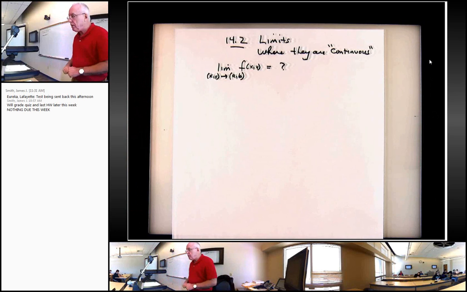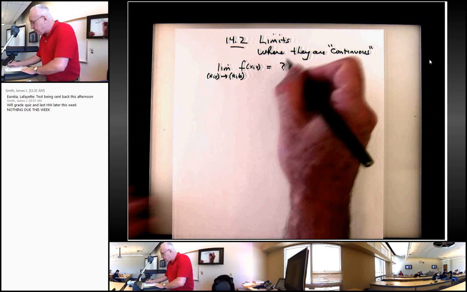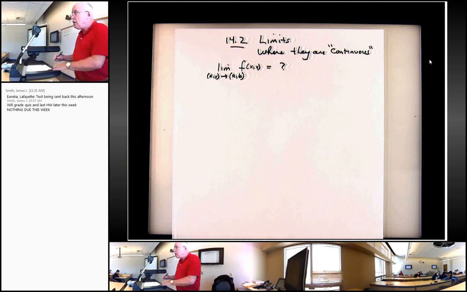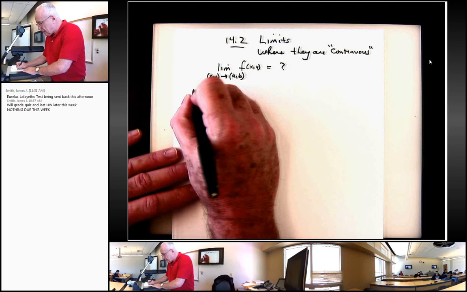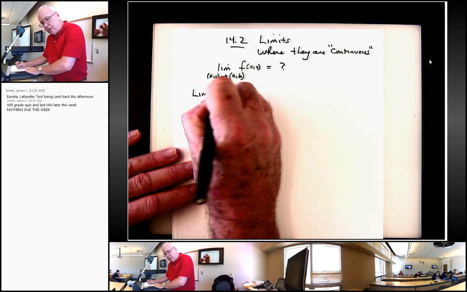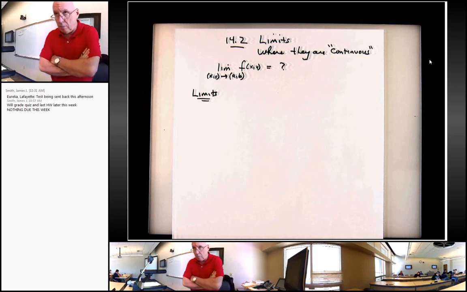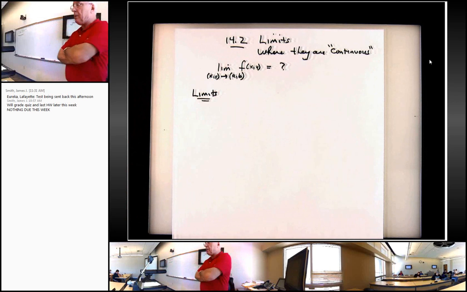Remember, our domain here is ordered pairs, not just a single number. So that's what we mean by finding the limits. One thing I can get out of the way here is an informal definition of what we mean by limits.